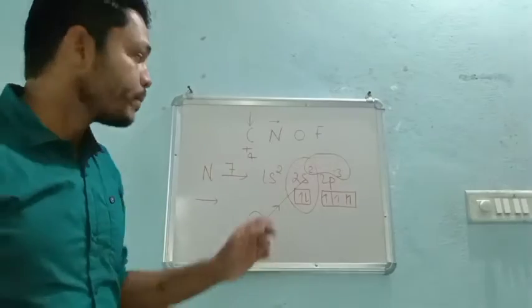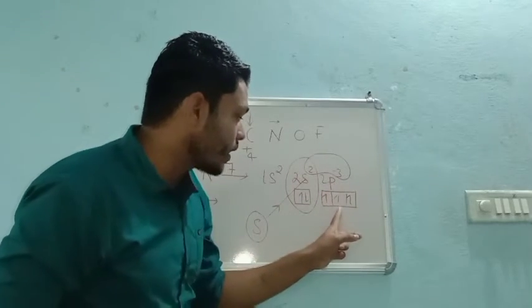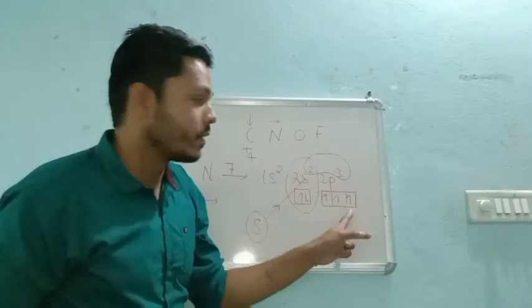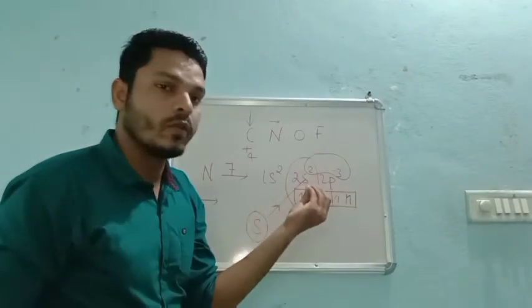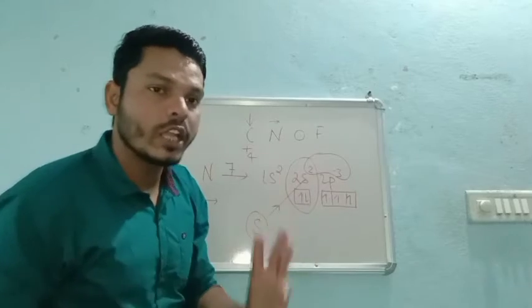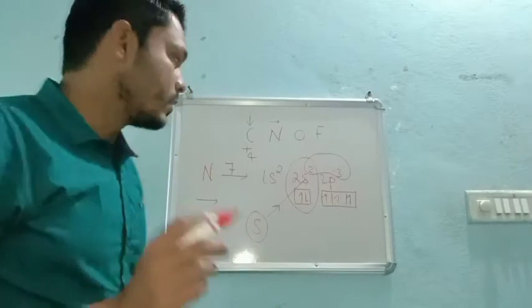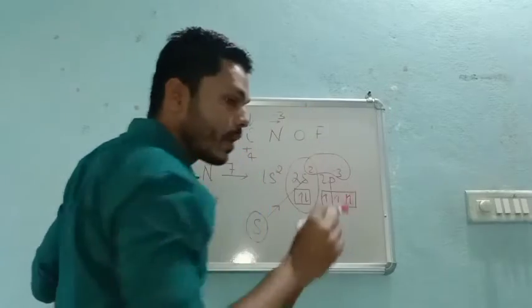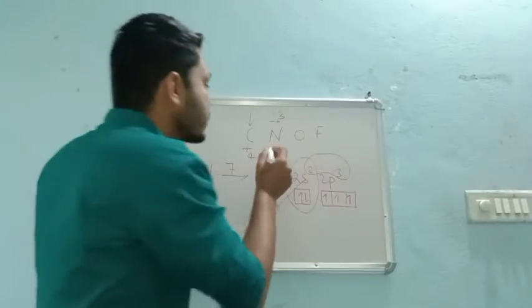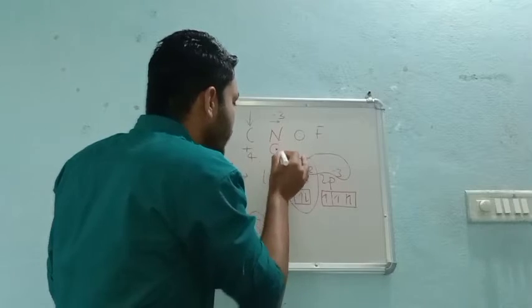Even though there are 5 electrons present in the valence shell, with respect to P there are 3 electrons, and nitrogen is not allowing these 3 electrons to donate. Why? Because of its size. What is its size? Size is very small.